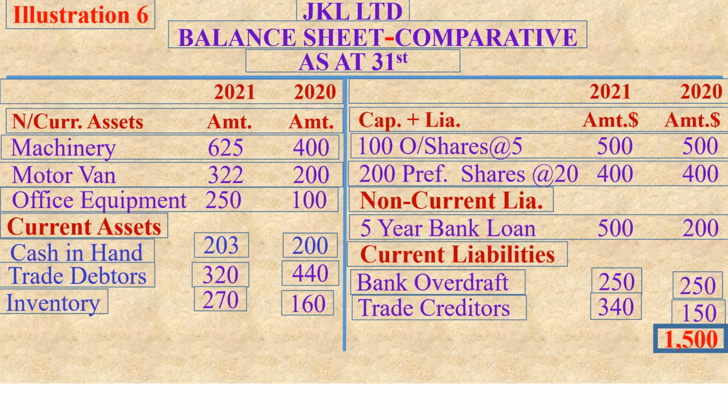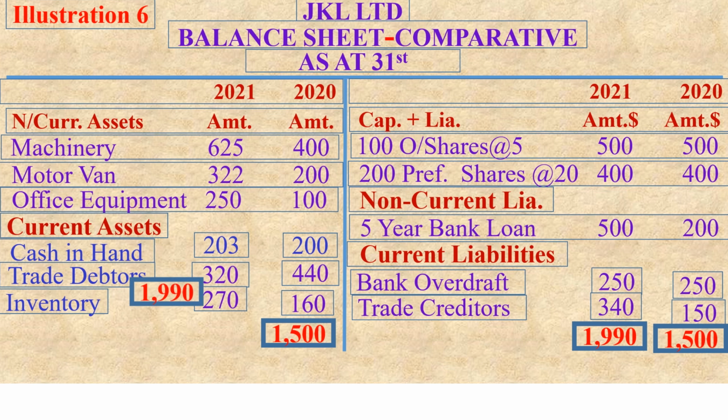That will be representing an inconsistency. So on the side of the assets, again, the value totals to $1,500. And similarly, for the year 2021, on the side of capital and the liabilities, you can see it is $1,990, while on the year 2021, on the asset side, the same figure was reflecting.